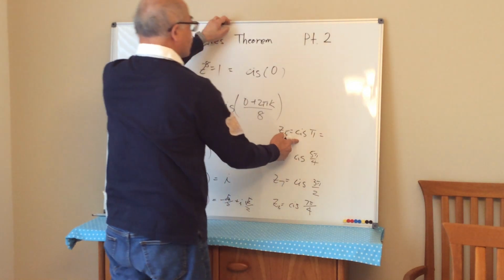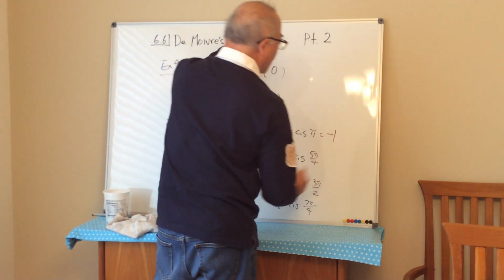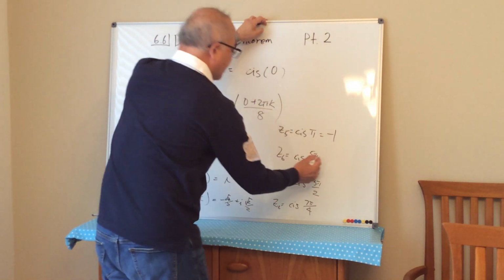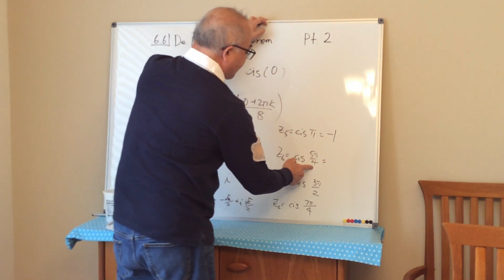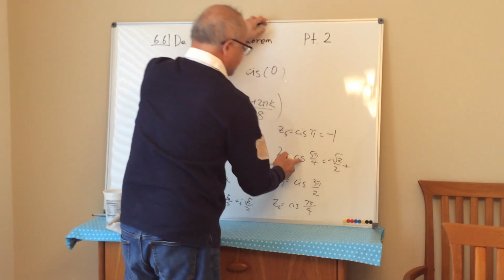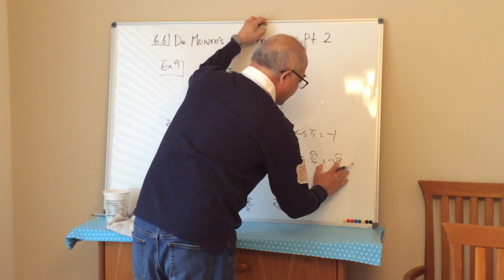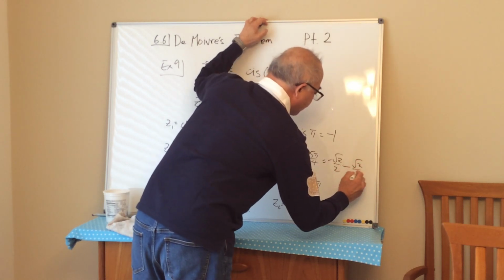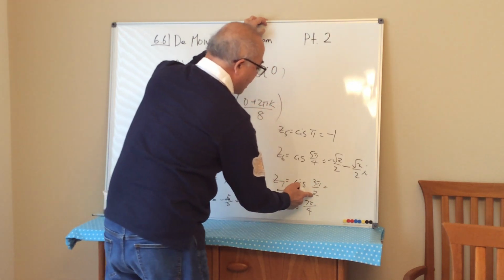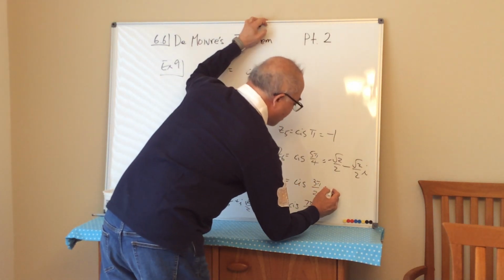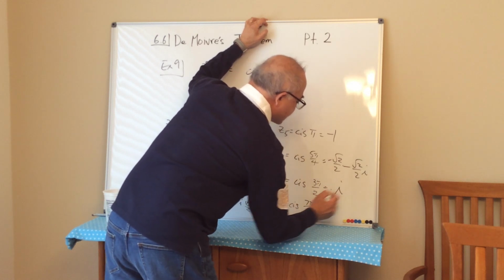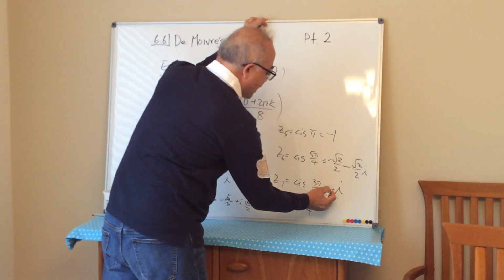Over here I'm going to get cosine pi, which is negative 1, plus I sine pi, which is 0. Over here, I'm going to get cosine 5 pi over 4, negative root 2 over 2, plus sine 5 pi over 4, which again is negative. So it's going to look like that. Cosine 3 pi over 2, which is 0, plus I sine 3 pi over 2, which is negative 1.